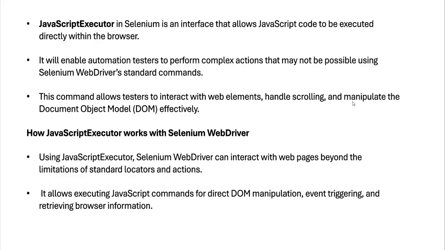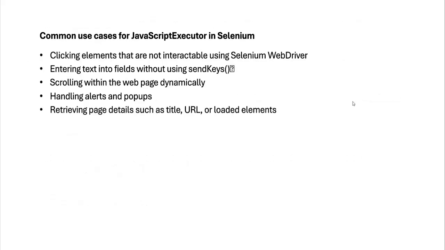We will look into an example shortly, and then you will get to know. There are certain use cases. Here are the common use cases where this comes into the picture: clicking on elements that are not interactable using the Selenium WebDriver, and entering text into a text box when send keys is not working. At that time, you can use the JavaScript executor.